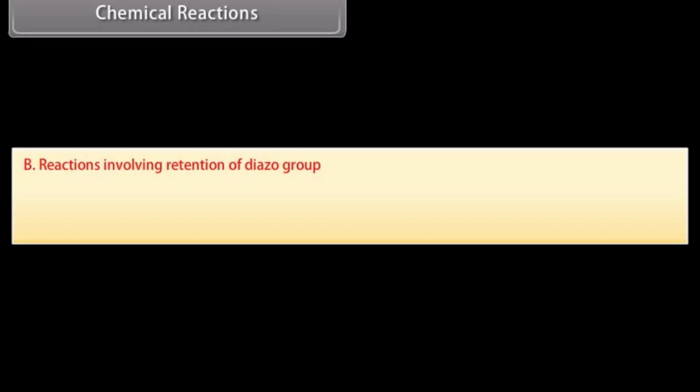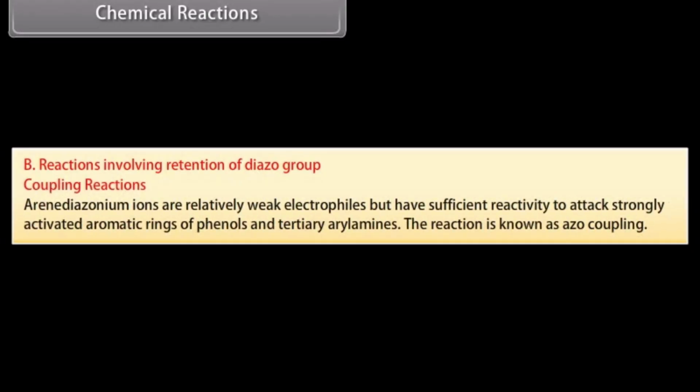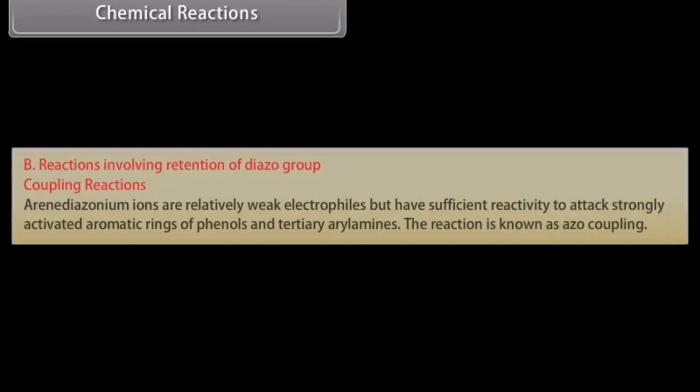Reactions involving retention of diazo group. Coupling reactions. Arene diazonium ions are relatively weak electrophiles but have sufficient reactivity to attack strongly activated aromatic rings of phenols and tertiary aryl amines. The reaction is known as azo-coupling.